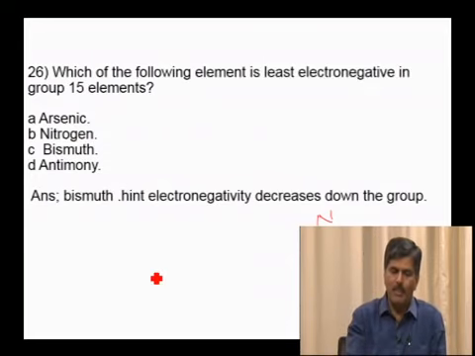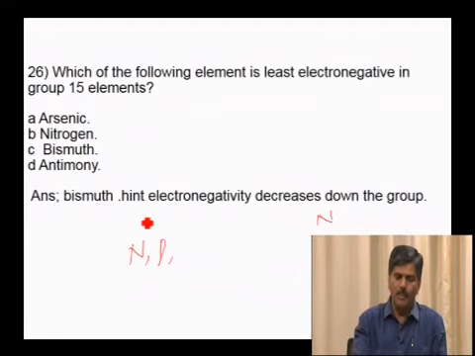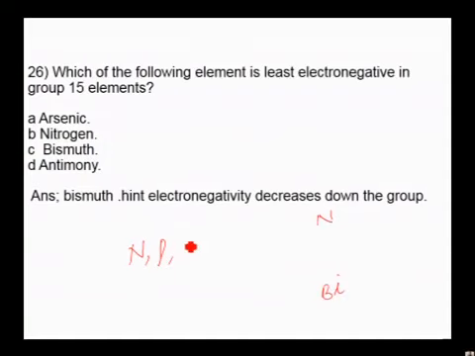So the group 15 elements are arranged like this: nitrogen, phosphorus, arsenic, antimony, and bismuth. Here 4 elements are given: nitrogen, then arsenic, antimony, and bismuth. Therefore, the least electronegative element here is bismuth. The other elements are more electronegative than bismuth. Let us see the next one.